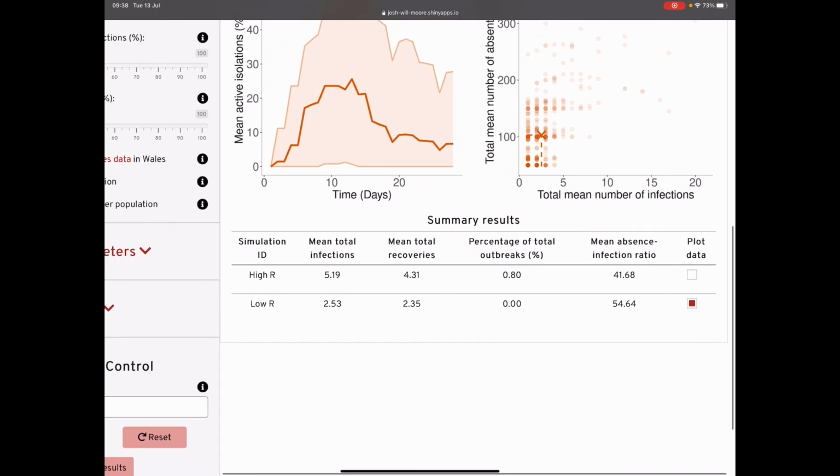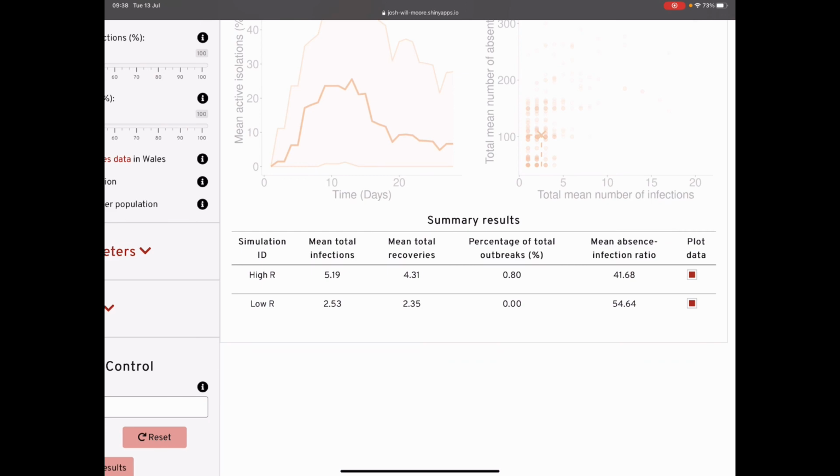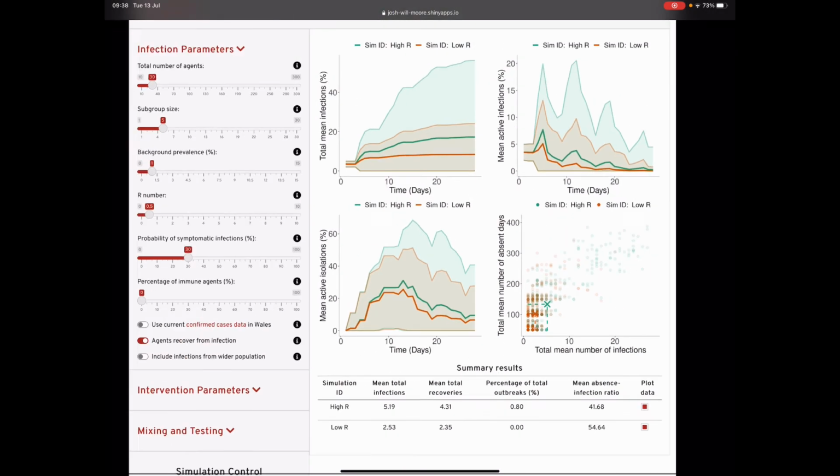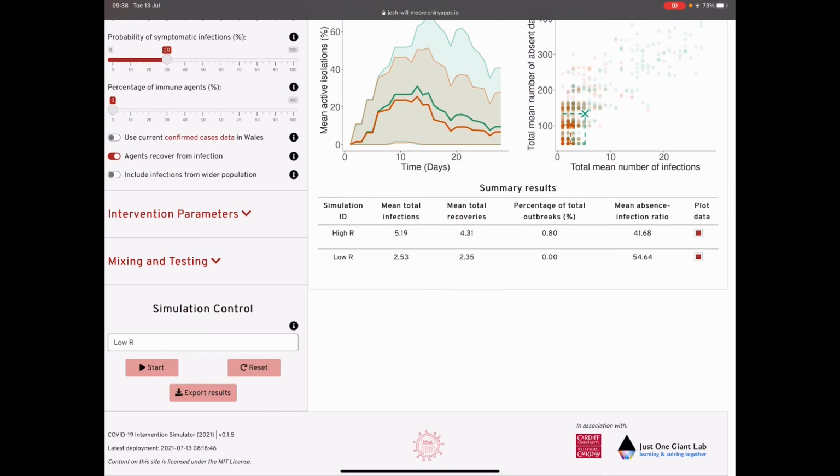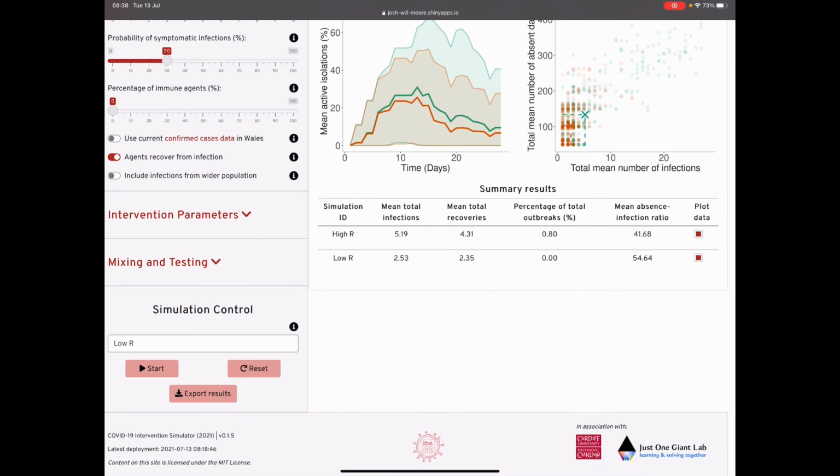But if I wanted to compare the high R and low R case, I could plot both sets and it will tell you exactly how they compare. And again, if I export the results, all of that information will be given to you in an Excel spreadsheet over different pages. In the next video, we'll be going over a couple of case studies to show you exactly how to use the simulator in an exact type of case.